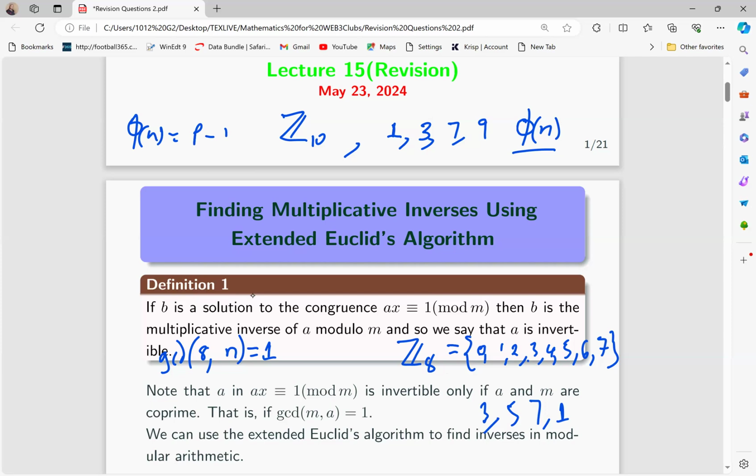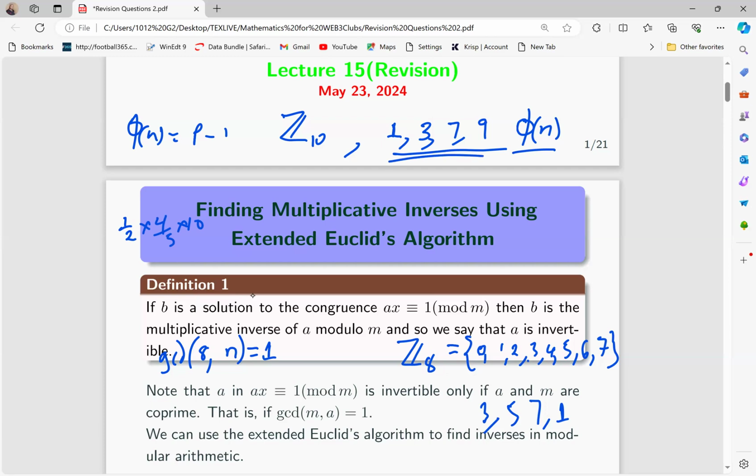For instance, the only prime factors that can divide 10 are 2 and 5. So to get how many elements are relatively prime to 10, how we did it earlier was one half times four fifths times 10. And that gives you 4. There are 4 elements relatively prime.